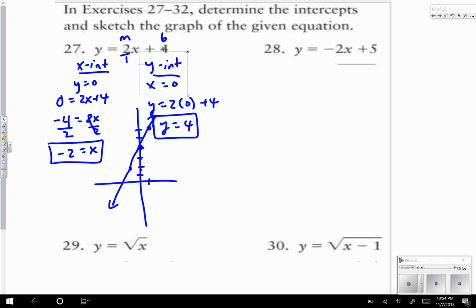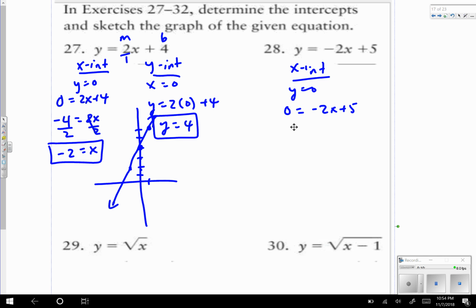And then this one right here, same concept. So determine the x and y intercepts. So x-intercept is where y equals 0. Okay. So I'm going to take 0 here. So 0 is equal to negative 2x plus 5.